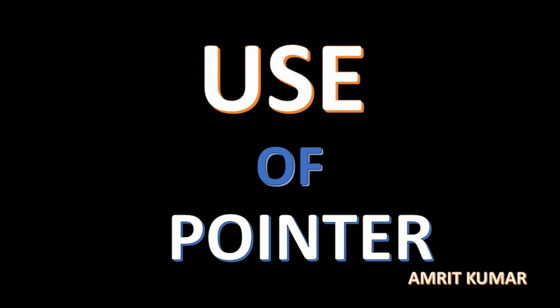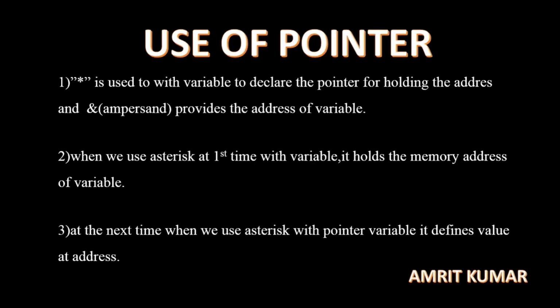Use of pointer. It is a very important topic in C language. Here the first point says that asterisk is used with a variable to declare the pointer for holding the address, and ampersand provides the address of a variable.